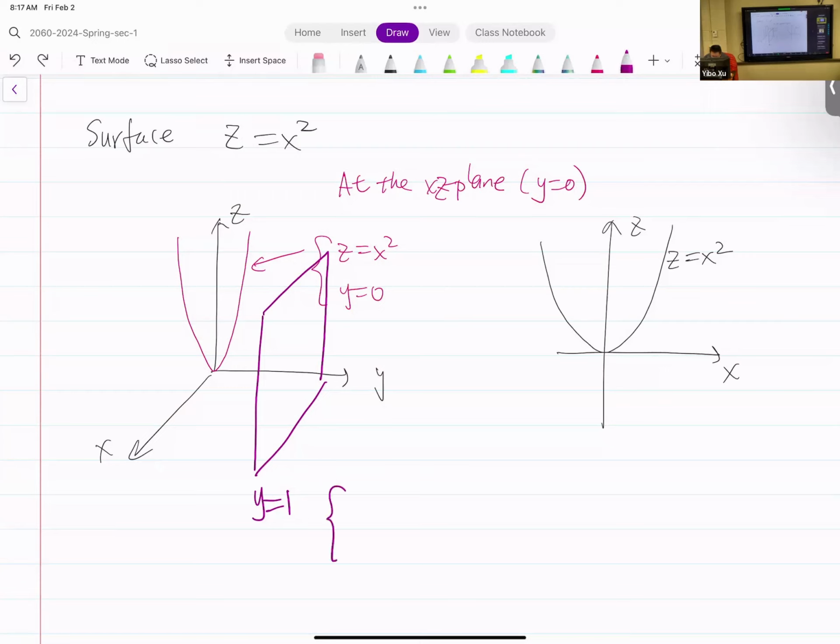We still have y equals 1, and in terms of z and x, z equal to x squared. So this is exactly the same shape.